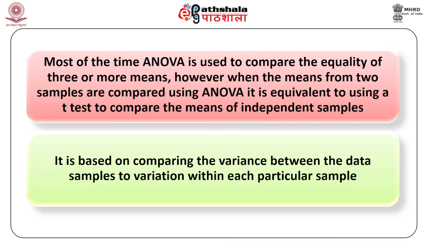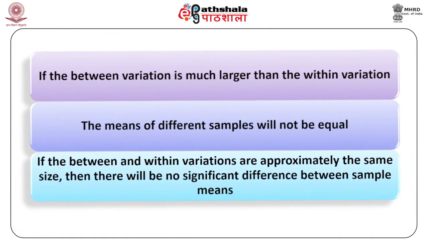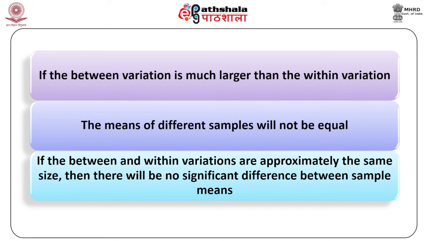It is based on comparing the variance between the data samples to variation within each particular sample. If the between variation is much larger than the within variation, the means of different samples will not be equal.